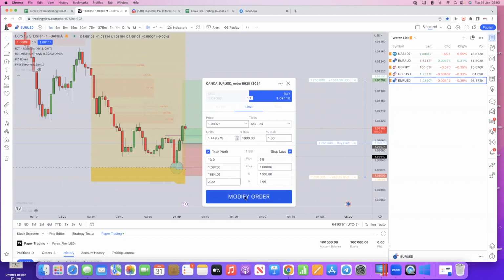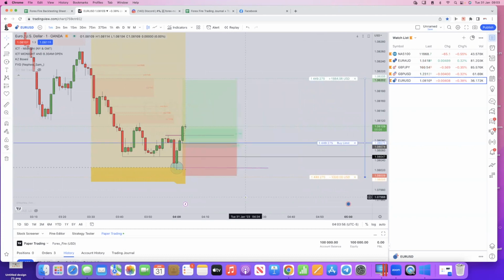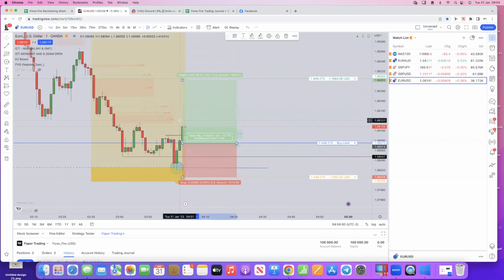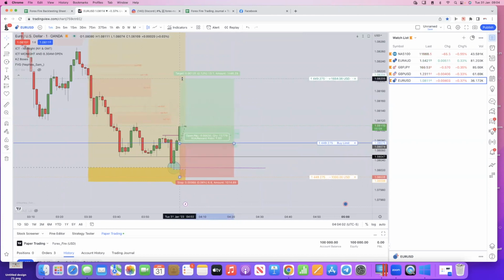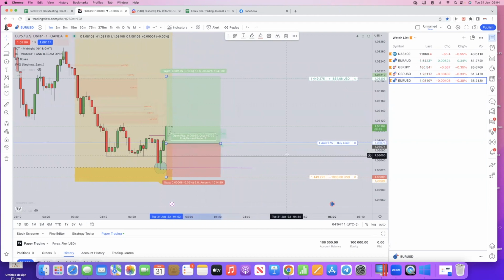That's what I want to see. Take profit. So now we've clicked that in. So we want to bring this down to here. There's our 1 to 2. And we'll see. We'll get an entry on this.